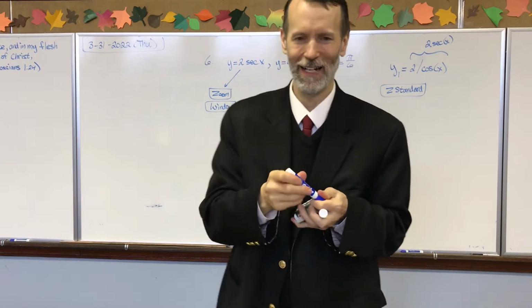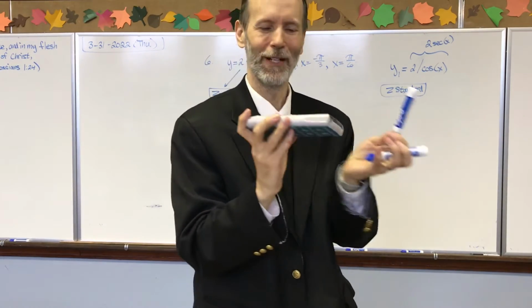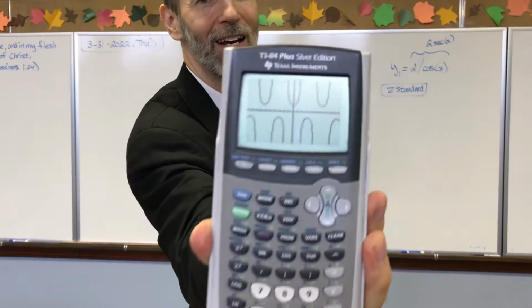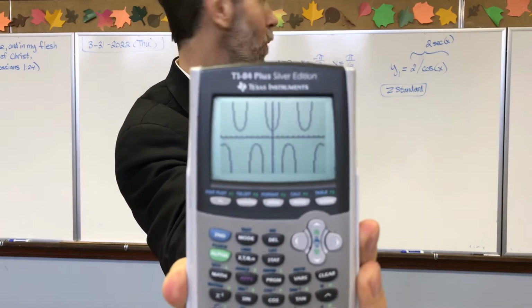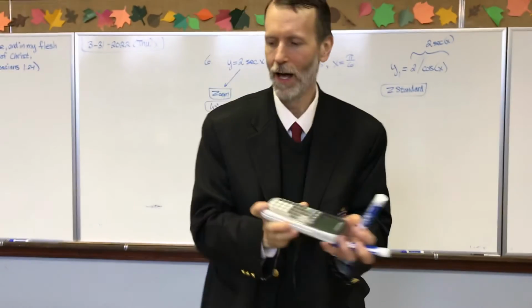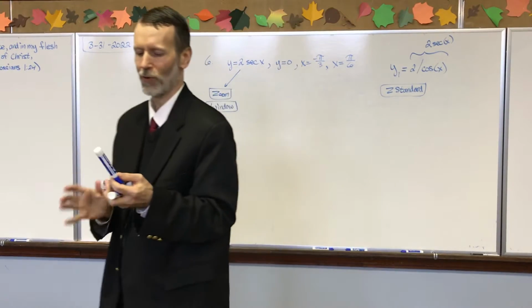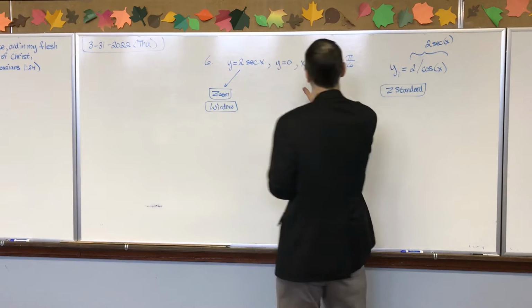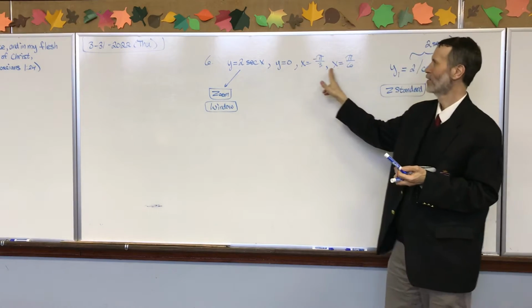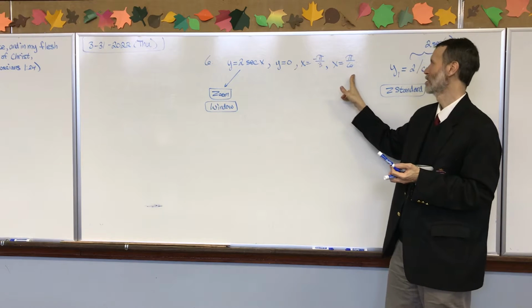And it looks like, could somebody look on the video screen and see if this is on screen? Okay, good. This is what I get when I hit zoom standard. That's not the most useful graph in the world, for 2 reasons. I want to know what the boundaries are from -pi/3 to pi/6.